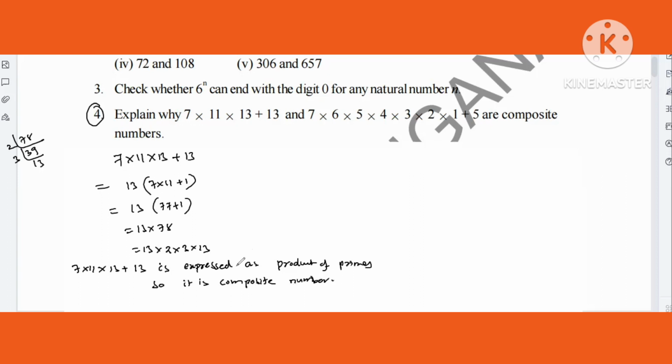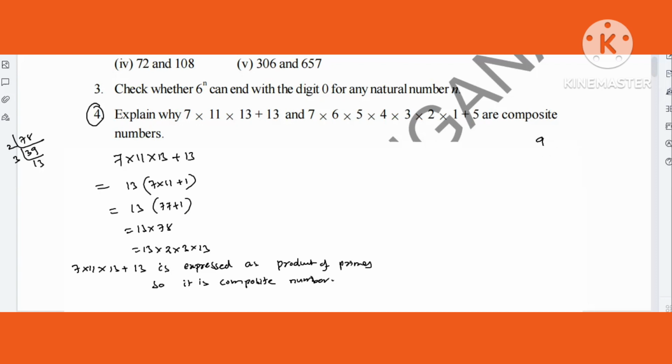If you are able to write it as a product of primes, compulsorily that is a composite number. For example 9 you can write as a product of primes, so it is a composite number. But 11 you can't write as a product of primes, so it is not a composite number, that is a prime number.